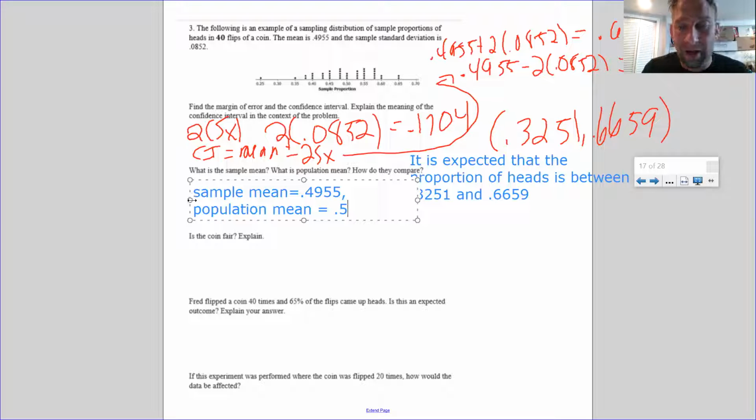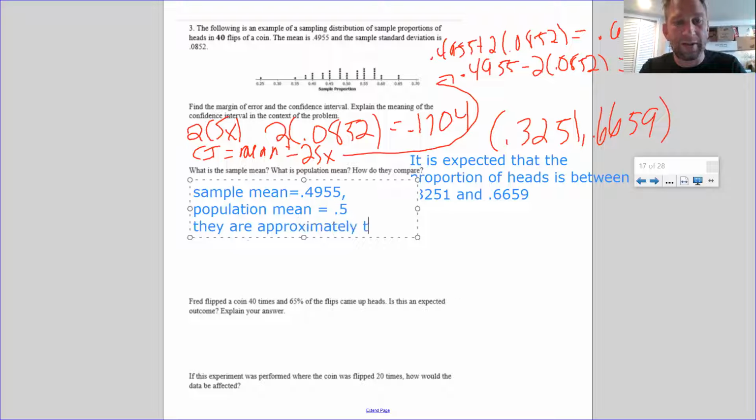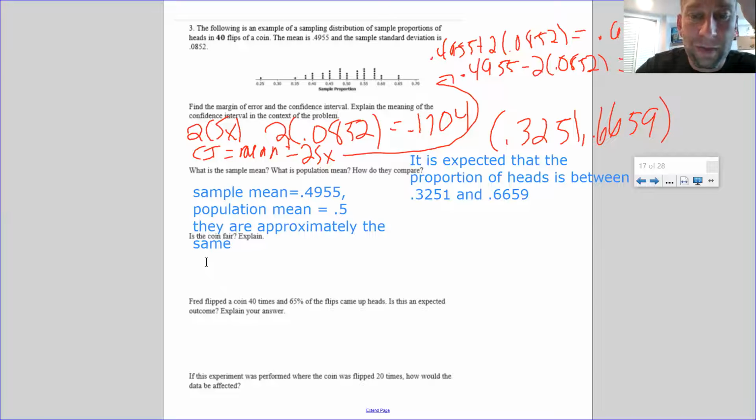So how do they compare? They are approximately the same. The sample mean and the population mean should approximately be the same. Is the coin fair? Well, the coin is fair if the theoretical probability is inside the confidence interval. So my theoretical probability is 0.5.